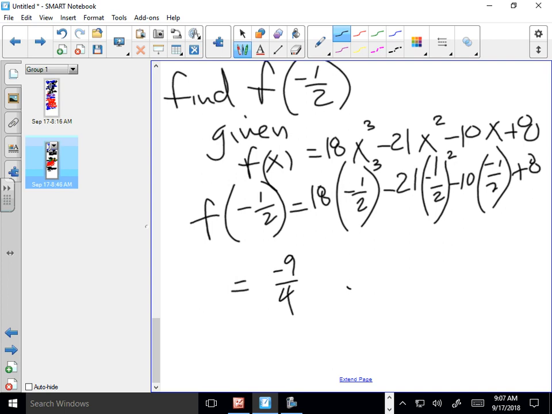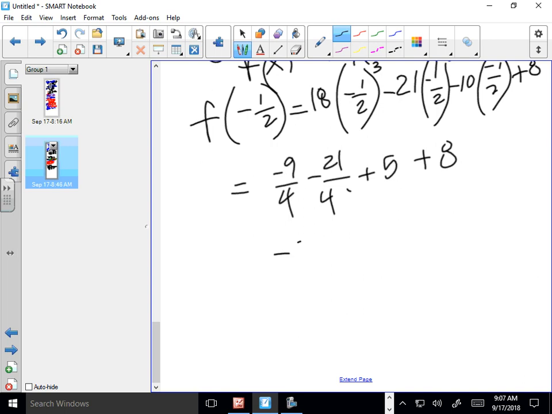And then I've got 1/4 times 21, which is negative 21/4. And then negative times negative is positive, and I get 10/2 for plus 5. And here I have plus 8.